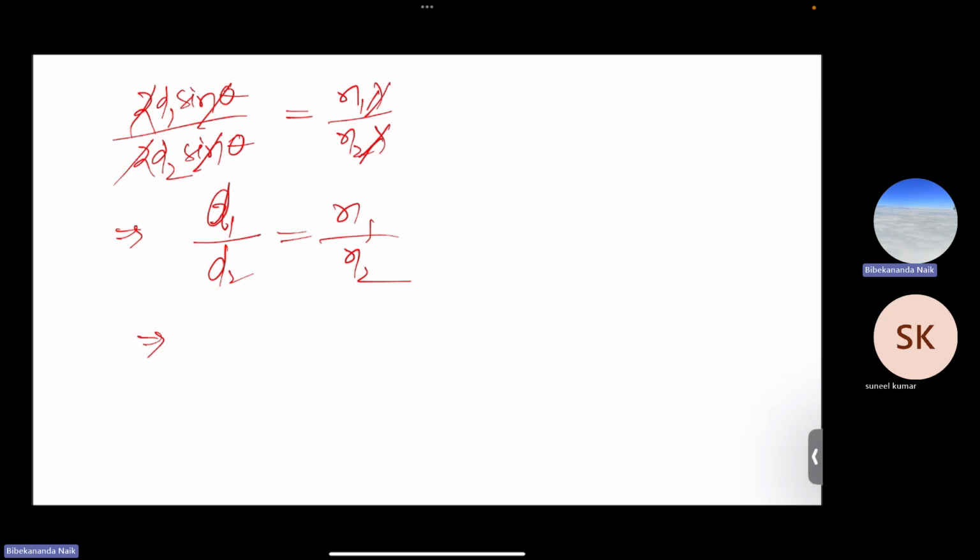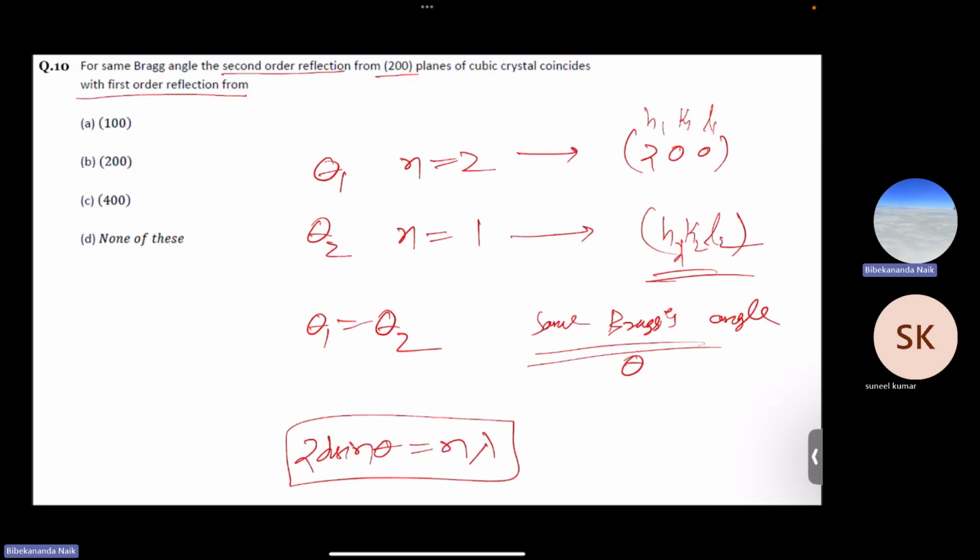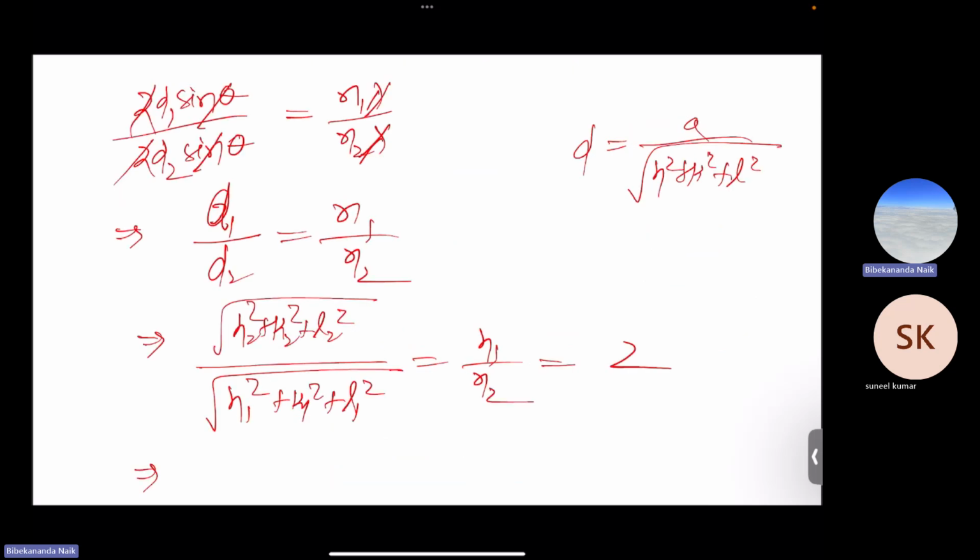And we know d is a by square root of h square plus k square plus l square. So square root of h2 square plus k2 square plus l2 square divided by square root of h1 square plus k1 square plus l1 square is equal to n1 by n2. n1 is 2, n2 is 1, so this is 2.